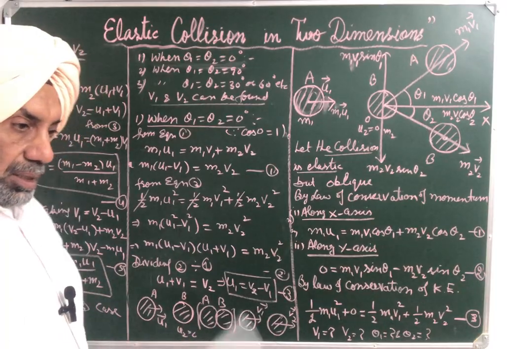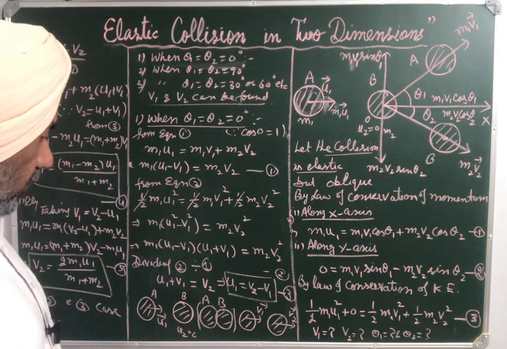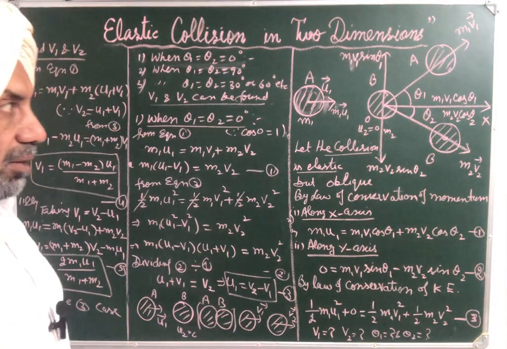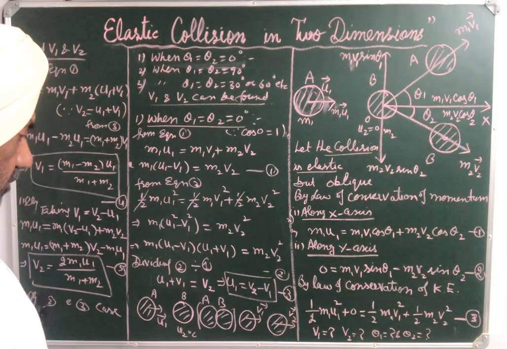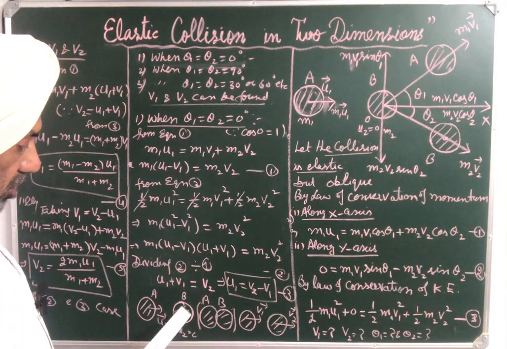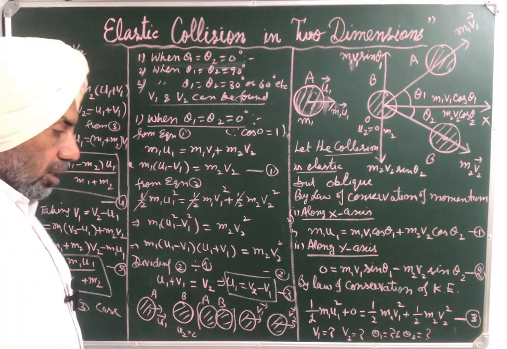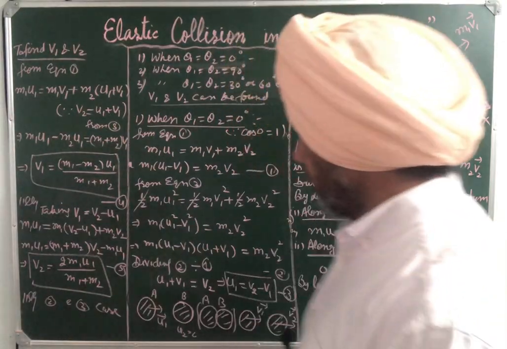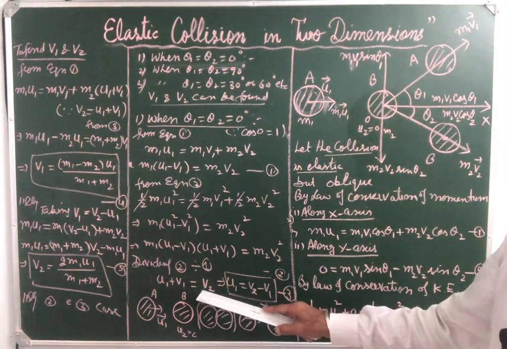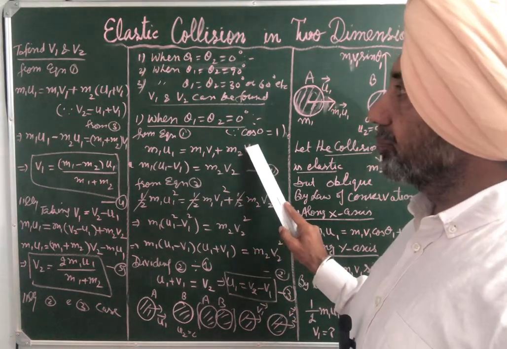Again, relative velocity of separation is equal to relative velocity of approach when theta 1 is equal to theta 2 is equal to 0 degree. That is, it becomes a one-dimensional collision special case. So u1 is the velocity, u2 is 0, and after collision they will separate. So how to find v1 and v2? Substitute the value of v2 in equation number 1 as usual.